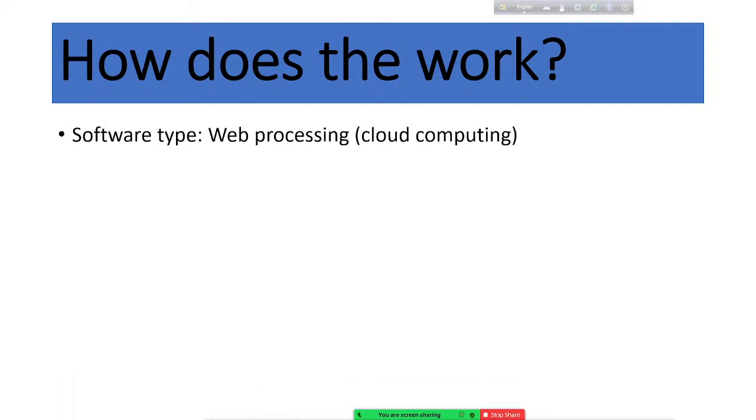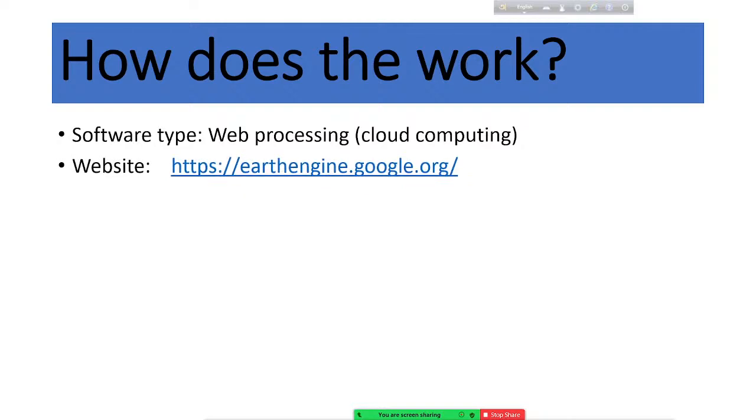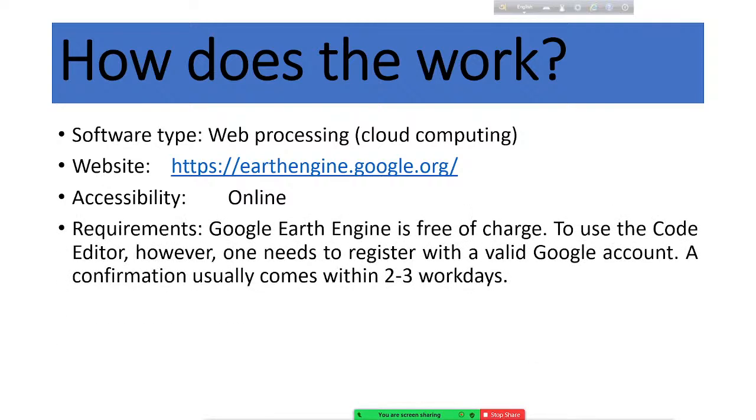Its software type is totally web processing, or cloud computing, and the main website is earthengine.google.org. For accessibility, you must be connected online. As for requirements, Google Earth Engine is free of charge. To use the code editor, you need to sign up with your Google account.